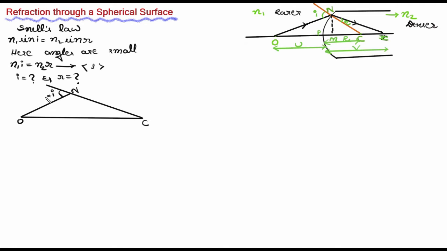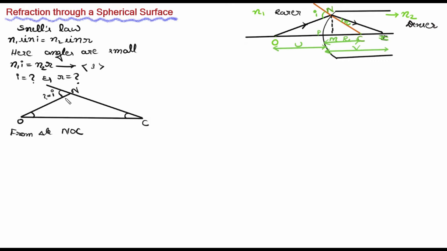So this angle we need to calculate. For the calculation of this angle of incidence, you need to use the definition of the exterior angle of a triangle. So for the triangle NOC, from triangle NOC, we are going to find out the value of i, angle of incidence.